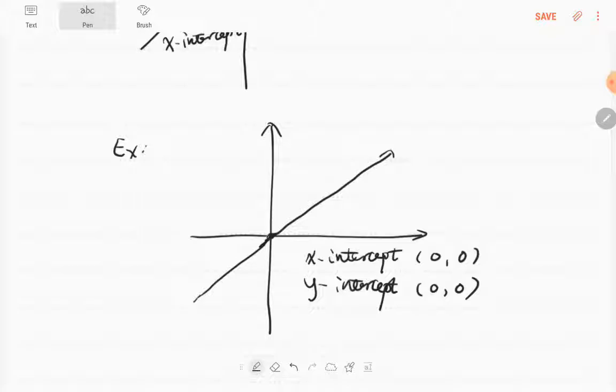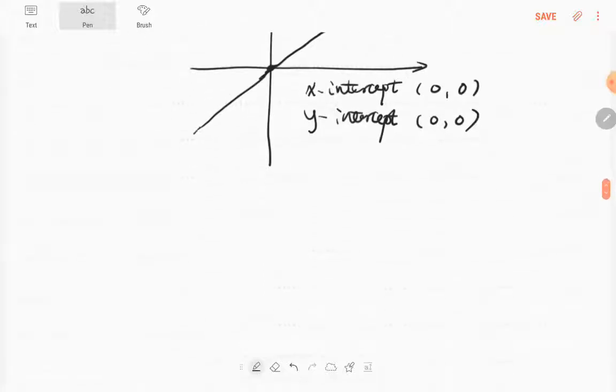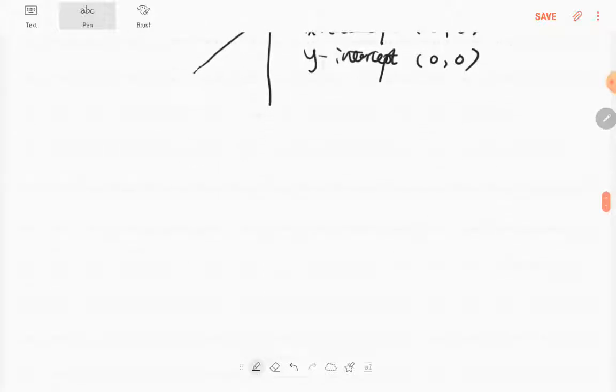That's correct. And this point is also the y-intercept because x is equal to 0, and this point is also on the y-axis. So in this case, the x-intercept and y-intercept are the same point. It's just (0, 0), the origin.